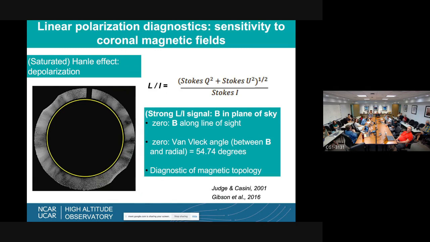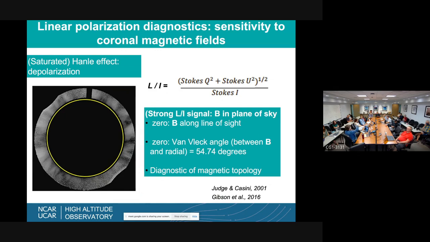However, for the visible and IR lines of CoMP and UCoMP, we are in a regime where that crucial magnetic field is like 0.01 Gauss or something. It's very small, too small to really be of interest in the corona. For that reason, we are saturated, and the Hanle effect is no longer sensitive to changes in the magnetic field.